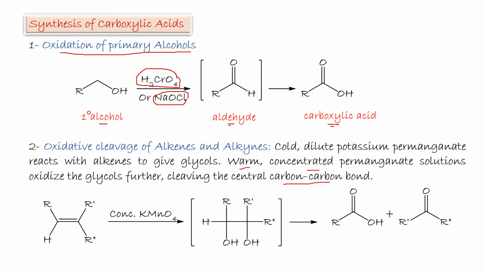So the alkene double bond with warm potassium permanganate furnishes the carboxylic acid or ketone, depending on what type of carbon. The carbon that has no hydrogen will be ketone. The carbon carrying one hydrogen will be carboxylic acid.